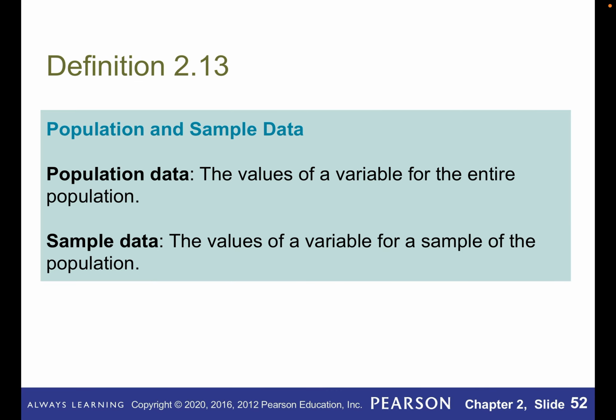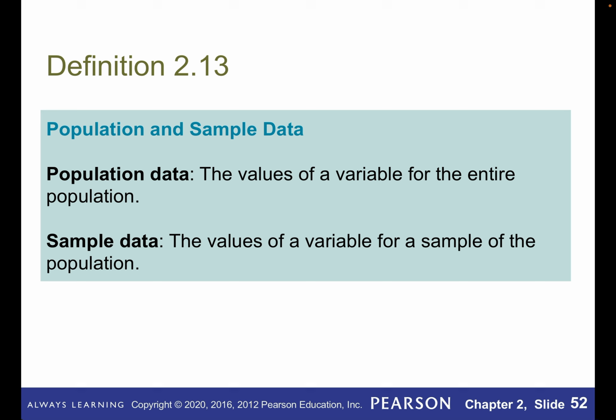And remember that the population is the big set about which we desire to know more. If there is a sample, which usually there is, then that is a subset of the population, which we hope is a representation of the population, which we hope is a microcosm, like a mini-me version of the population.